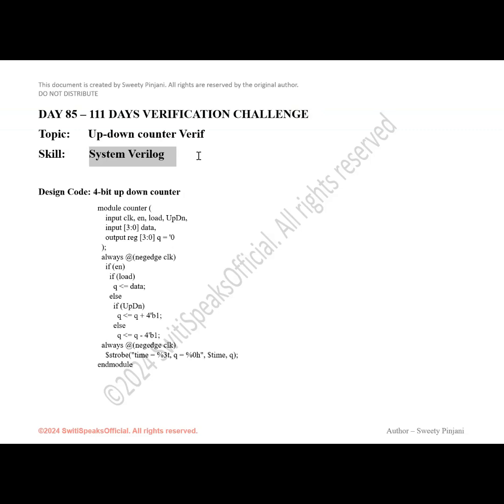For that, first let me take you through the design of the up-down counter. This is the design of my up-down counter. The name of the module is counter. This counter module has inputs. The first input is clock, which will clock your design.